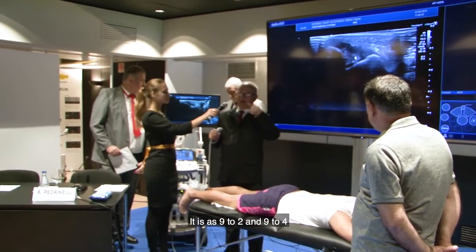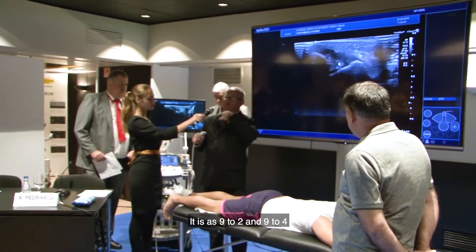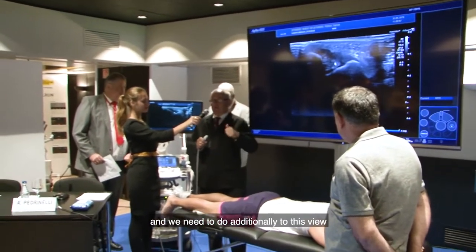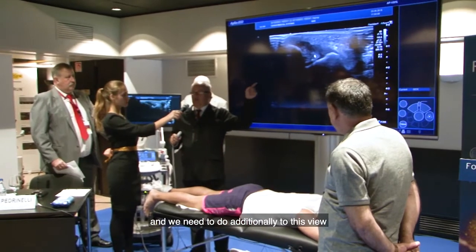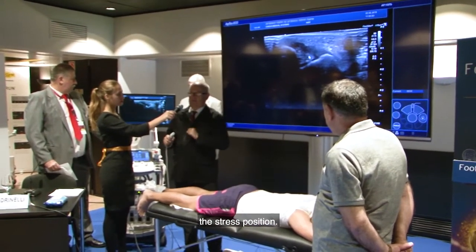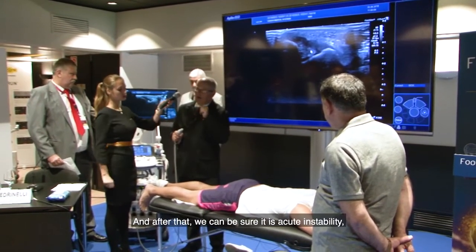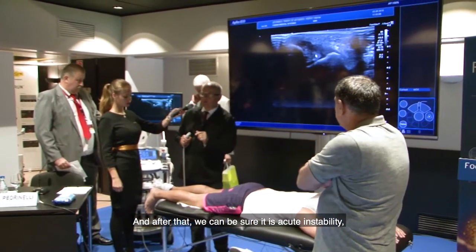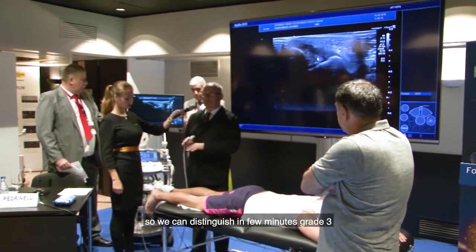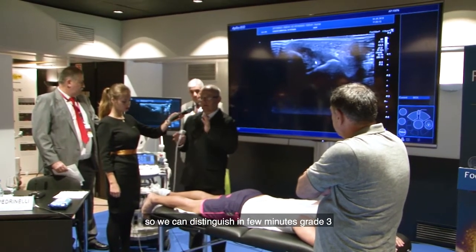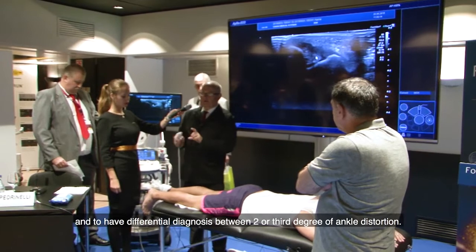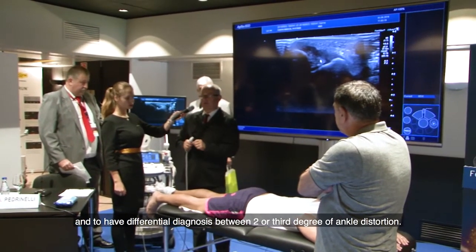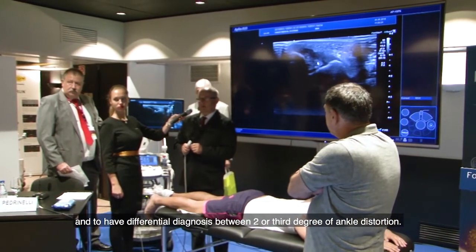It's S93.2 and 93.4, distortion and rupture of ligaments, and we need to do additionally to this view the stress position. And after that, we are sure that it's instability, acute instability. So we can distinguish in a few minutes grade 3 and have a differential diagnosis between 2nd or 3rd degree of ankle instability, ankle distortion.